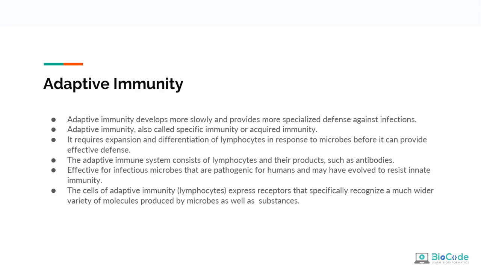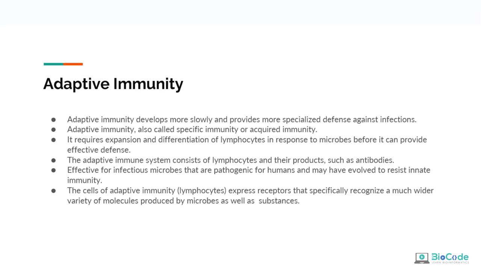Because this immunity is acquired later in life. It requires expansion and differentiation of lymphocytes in response to microbes before it can provide effective defense, which is why it takes some time to be activated.